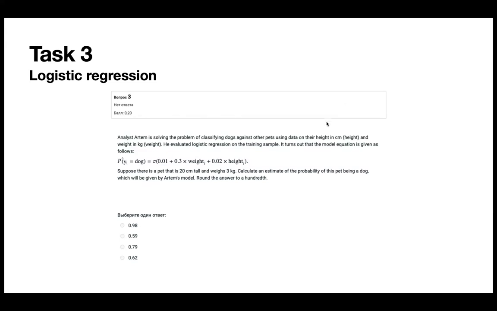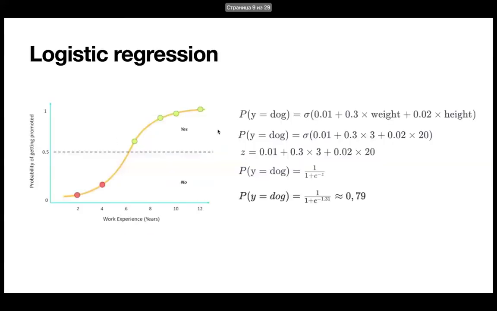Okay, so what you should know here, basically you don't even need to know what logistic regression is. Logistic regression is an algorithm in machine learning that divides our data into two groups.